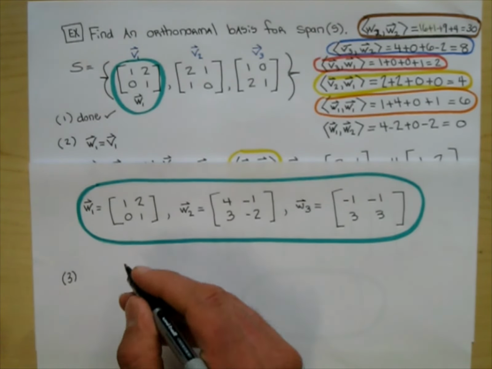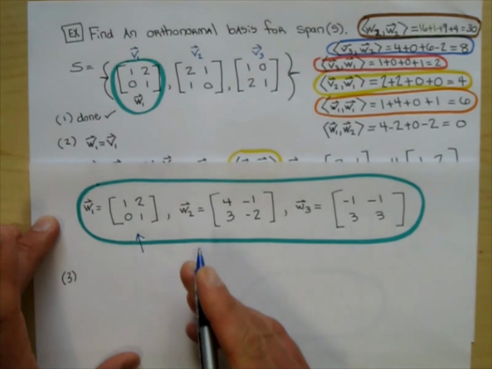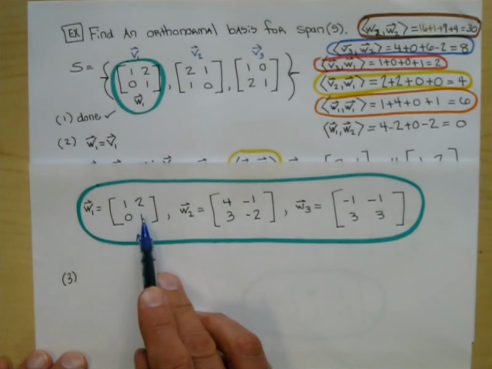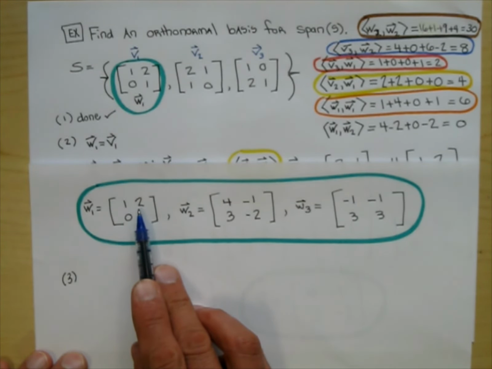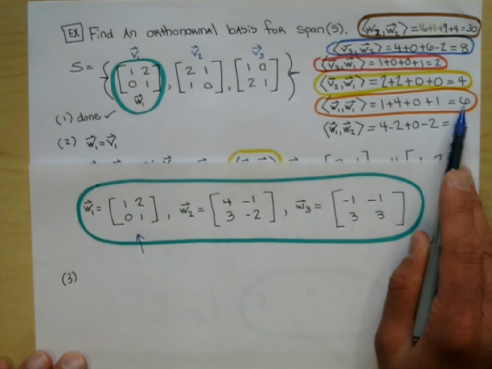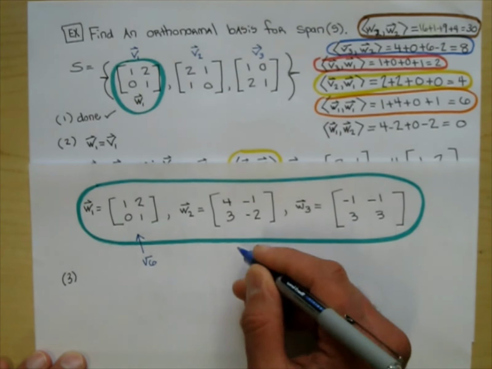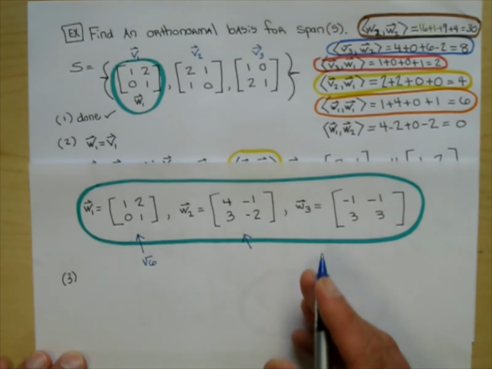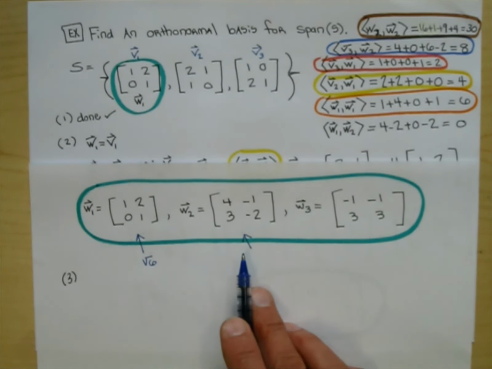So let's just go ahead and, maybe in blue I'll put the length. What is the length of that? Well, I take the inner product of this and itself. So this is going to be 1 plus, and we actually already did W1, that's 6. The length is not 6 for that one. The length is square root 6. And the length on this is W2, inner product of W2 with itself.